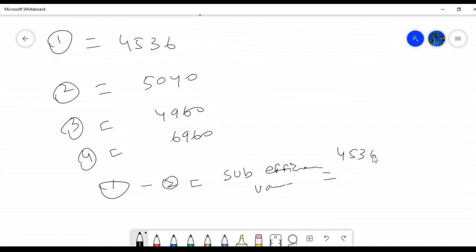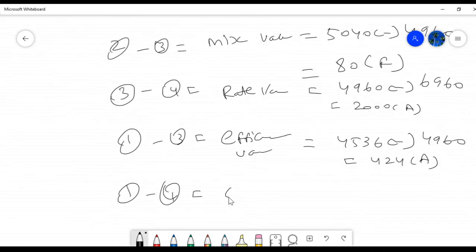Then what? 1 minus 4. That is cost variance. That is how much? 4536 minus 6960 equal to how much? 2424 adverse.